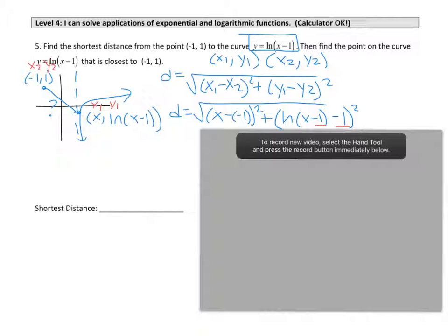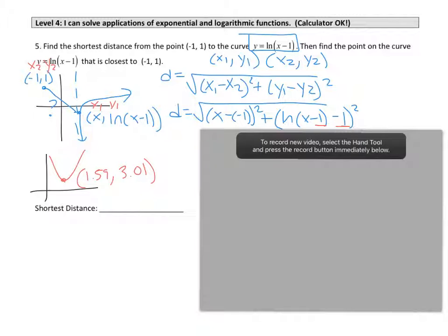And then I click, and it gives me the minimum point of my distance function. So my distance function looks something like this, and its minimum point is 1.59 approximately for the x and about 3.01 for the y.